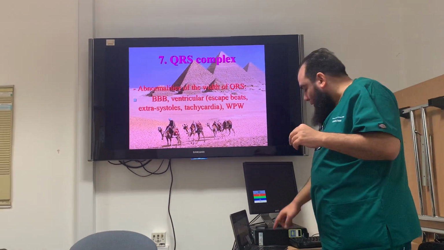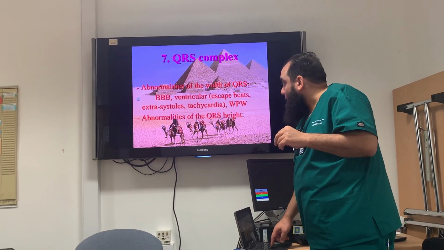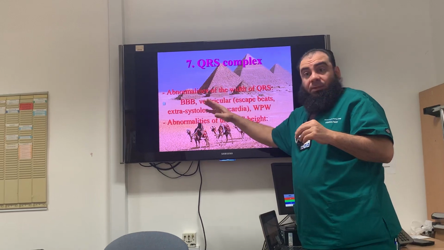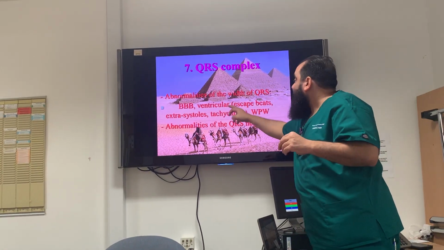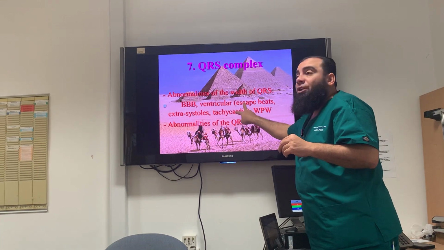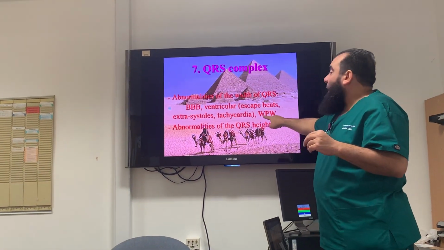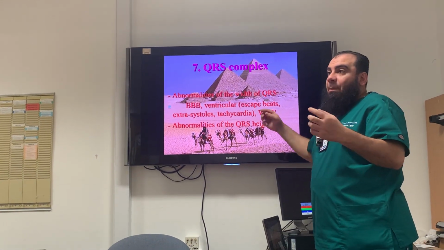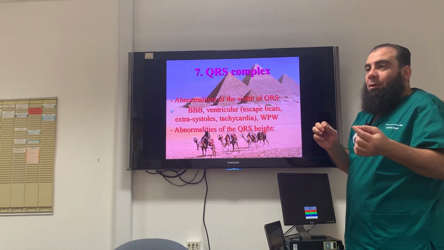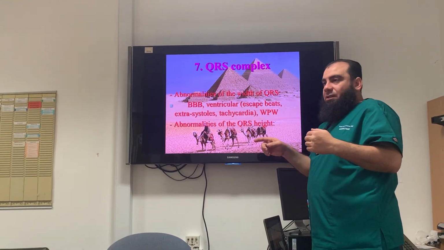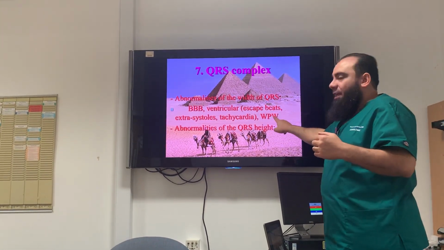What abnormalities are we going to discuss? Bundle branch block, either right or left. Ventricular escape rhythm, extrasystoles and tachycardia. I'm going to postpone those until later. WPW, we discussed last time, but from the PR interval point of view. I also explained how the QRS became wide last time, but I'm going to discuss it again now.